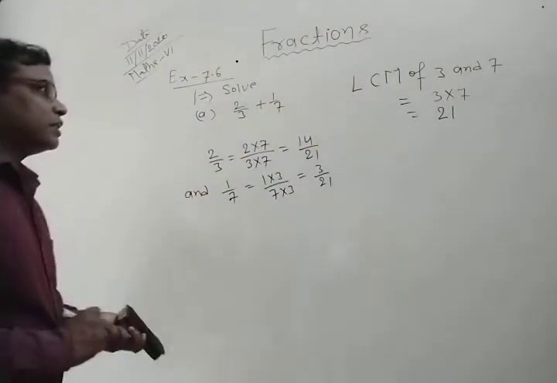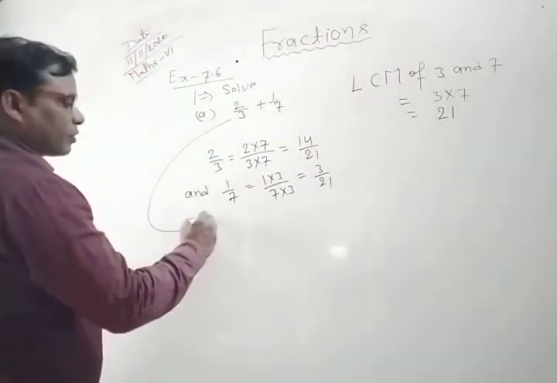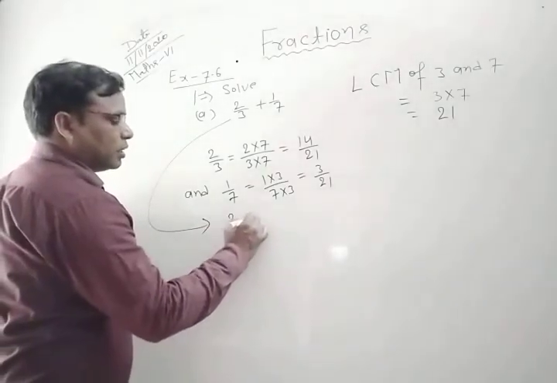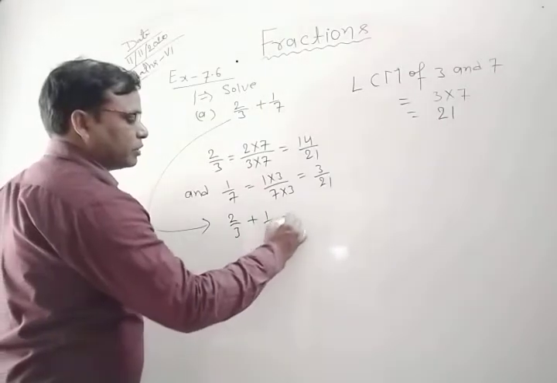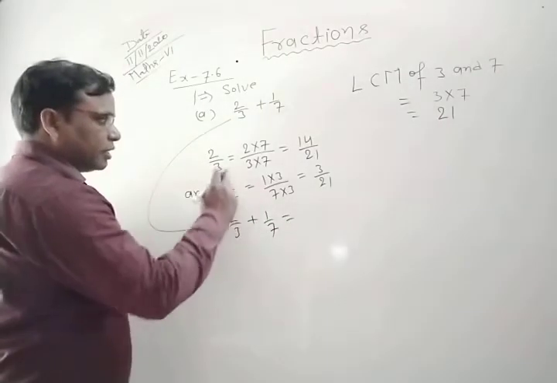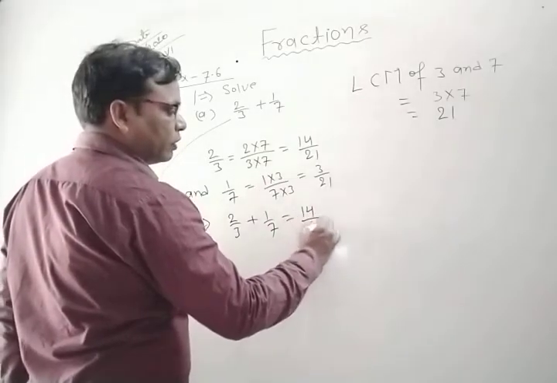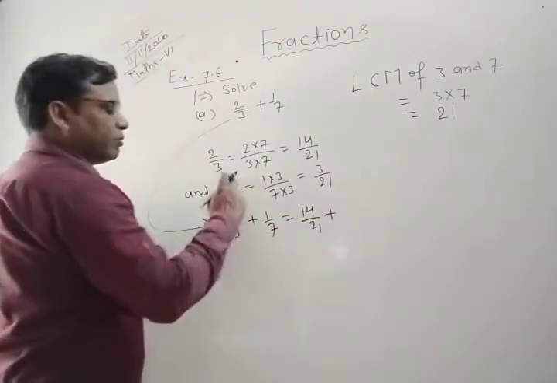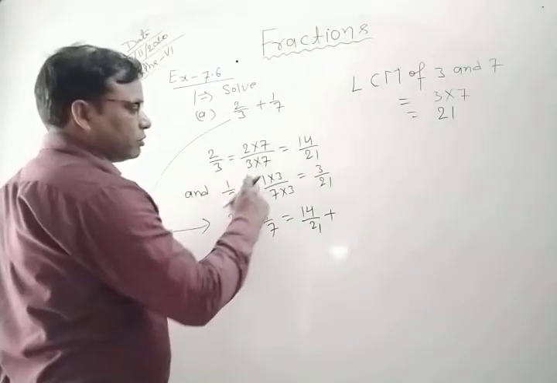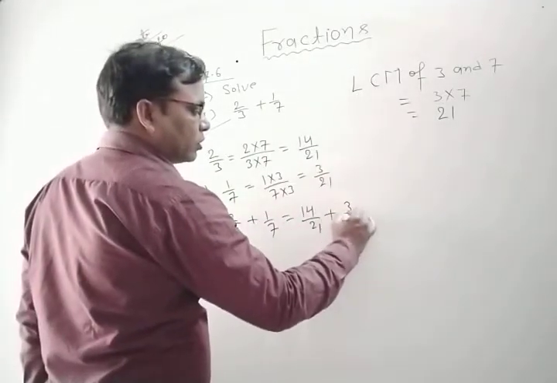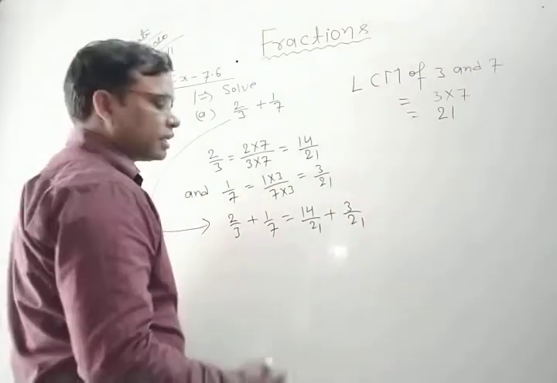So the given fractions 2 by 3 plus 1 by 7 become 14 by 21 plus, and 1 by 7 is equal to 3 by 21.